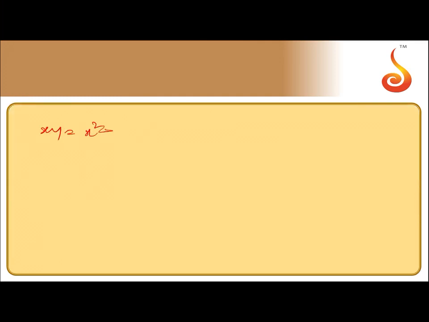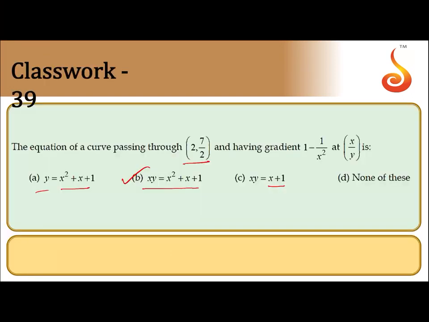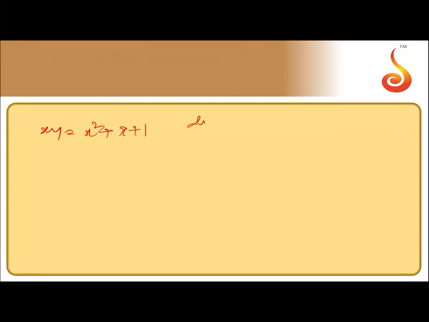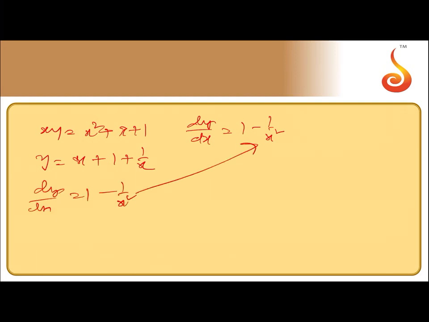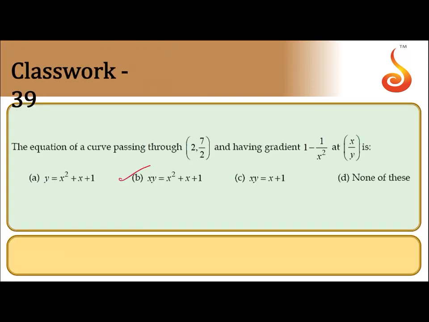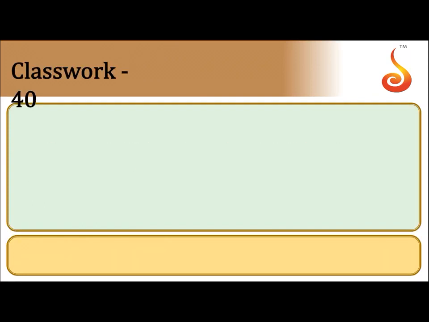You have xy is equal to x square plus x plus 1. And the gradient dy by dx is 1 minus 1 by x square. Why don't you find the derivative here? y is equal to x plus 1 plus 1 by x, dy by dx is equal to 1 minus 1 by x square, exactly satisfying. So by verifying, we can check the answer is B.